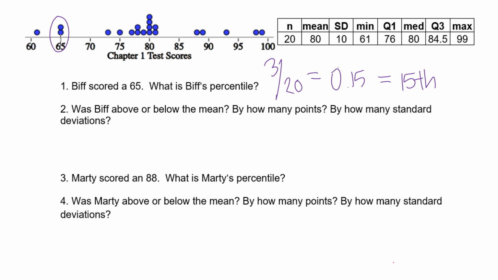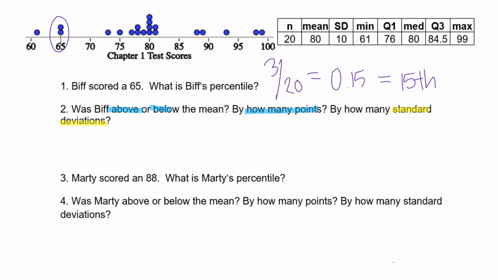If you look here, was Biff above or below the mean? This idea of above or below the mean is what we're going to build on for today's new concept. And by how many points? Those are going to go hand in hand to then talk about the main thing for today, which is standard deviations. So I'm going to start just by looking at whether Biff was above or below the mean.